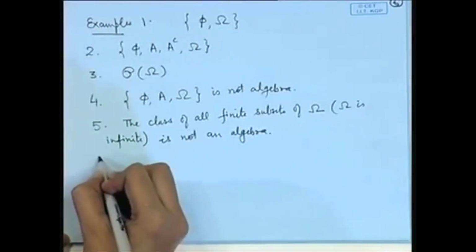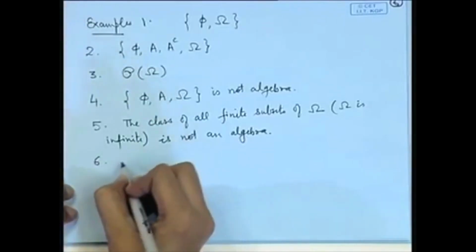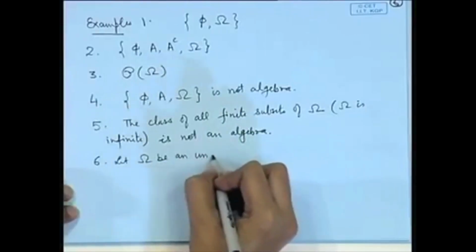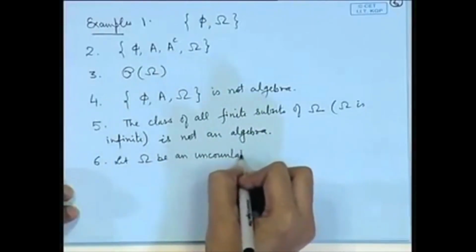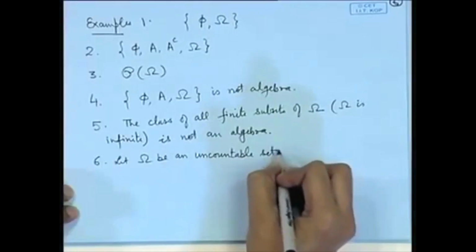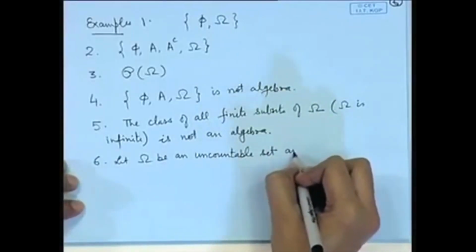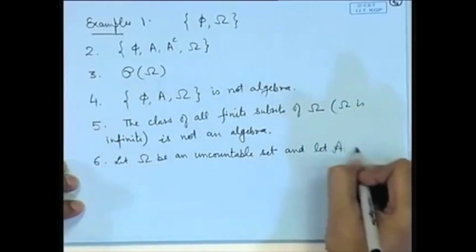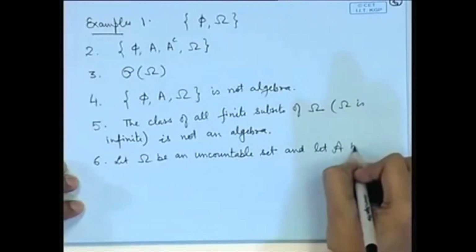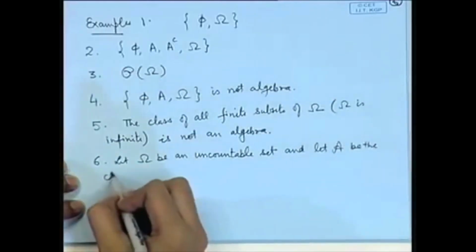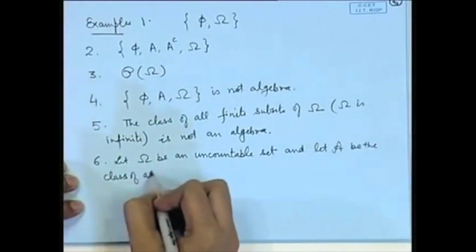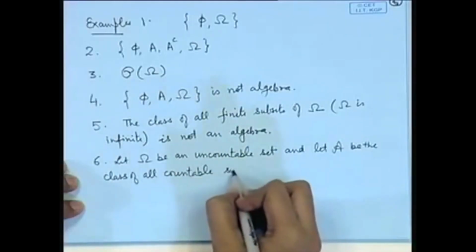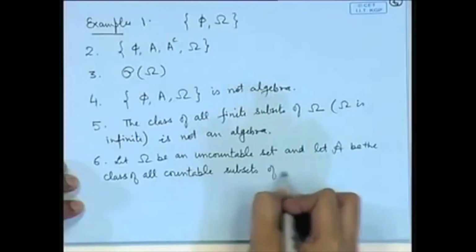Let us take some non-trivial example here. Let omega be an uncountable set. Let us define the set A to be the class of all countable subsets of omega.